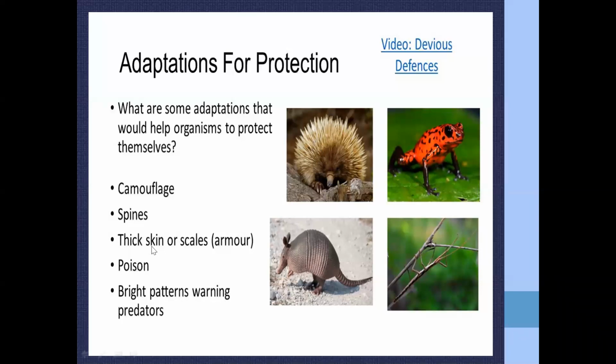Then thick skin or scales like this, it also looks very hard and spiky, so it does not allow other animals to eat that type of animal. Then there is poison. Yes, no doubt, poison.